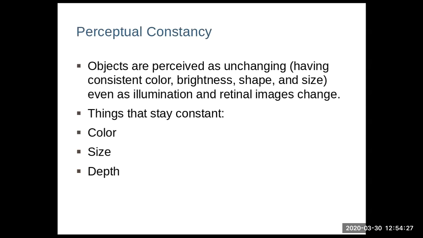So our brain is doing math on these things. And so even though we see different equations because we are closer or farther away, because things are turned a different angle, they have a different shape, different amounts of illumination, amounts of light, changes in the retina, we still see colors, size, and depth as constant.